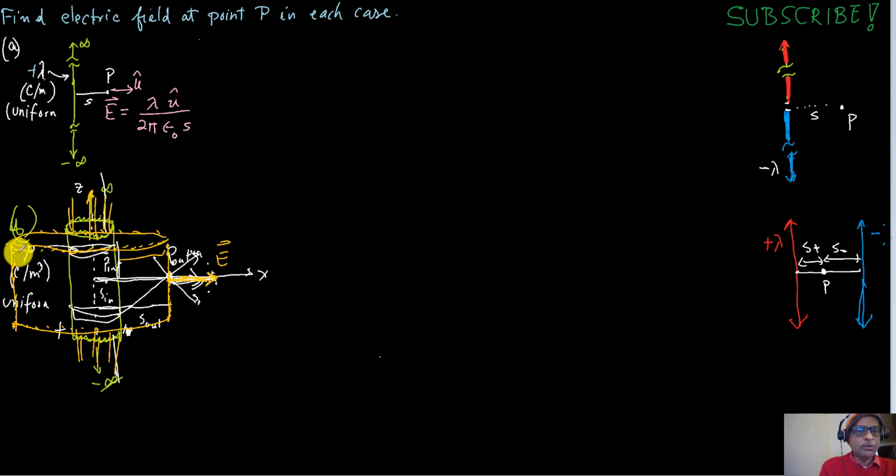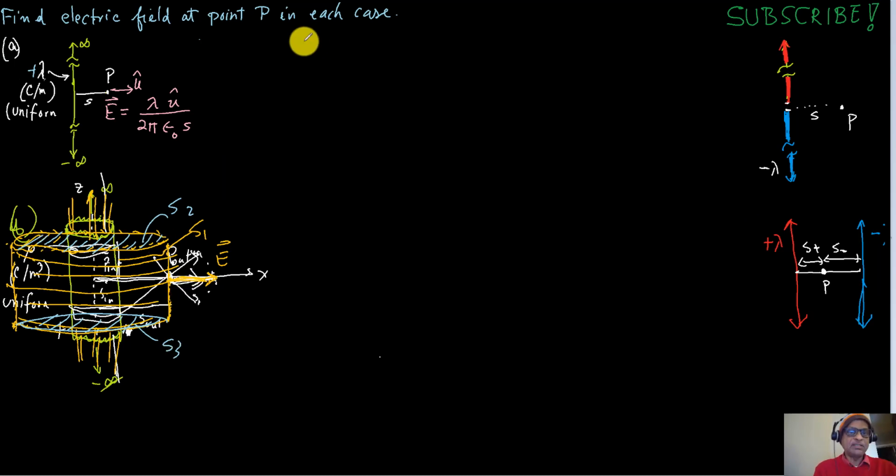All these outside points have cylindrical symmetry. Let's call it surface S1, the top part surface S2, and the bottom part S3.